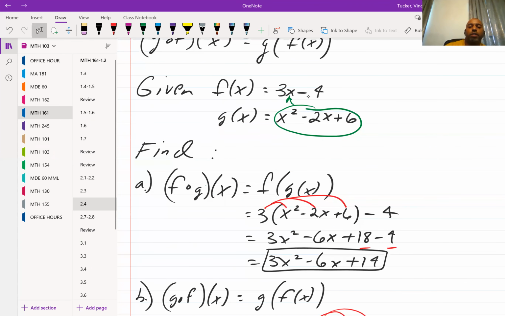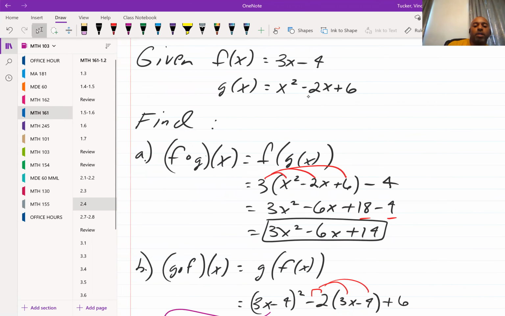All right, questions before we look at the next one? Just reversing the relationship. So g of f of x means we're going to take f and plug it into g.